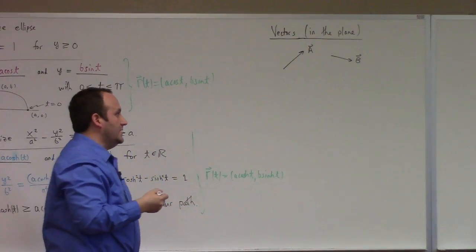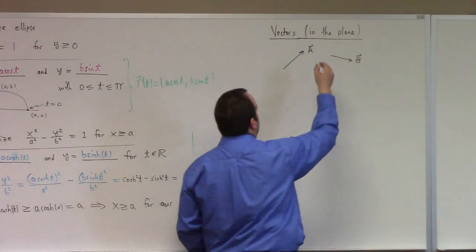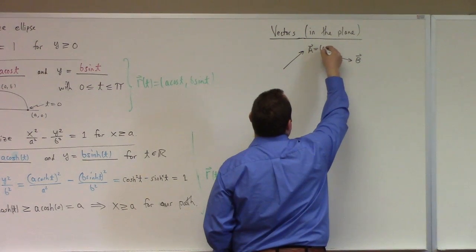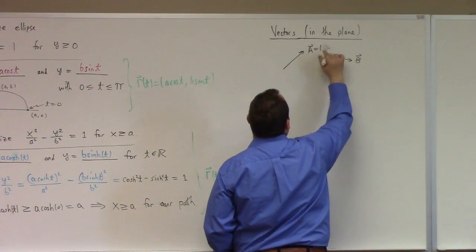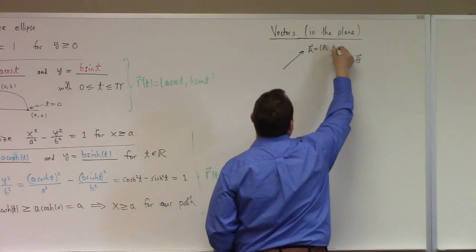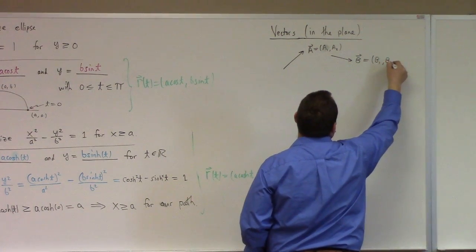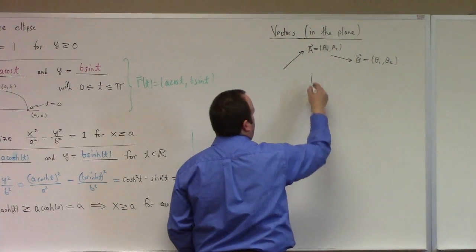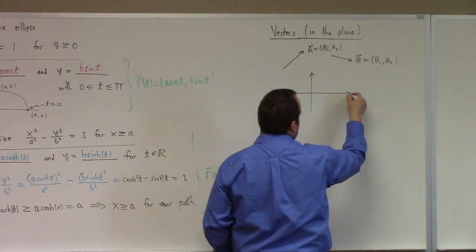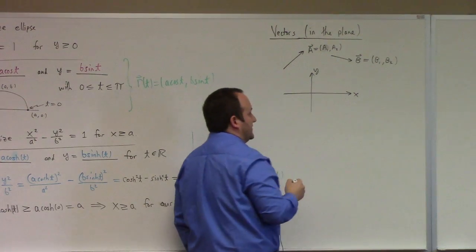right? And if you want to think about it, you can identify these with A1, A2 and B1, B2. How would you do that? You just think about the coordinate axis. Here's our XY coordinate system.